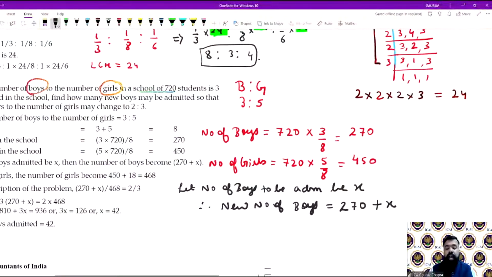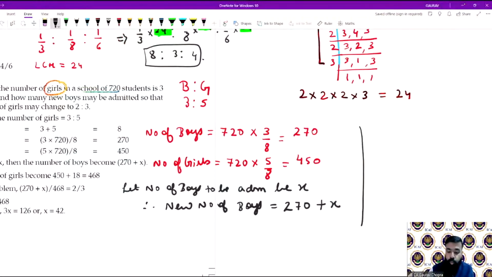Now X boys are added. So total number of boys becomes 270 plus X. And what about girls? The question already said that girls are increased by 18 because we have given admission to 18 girls. So new number of girls.